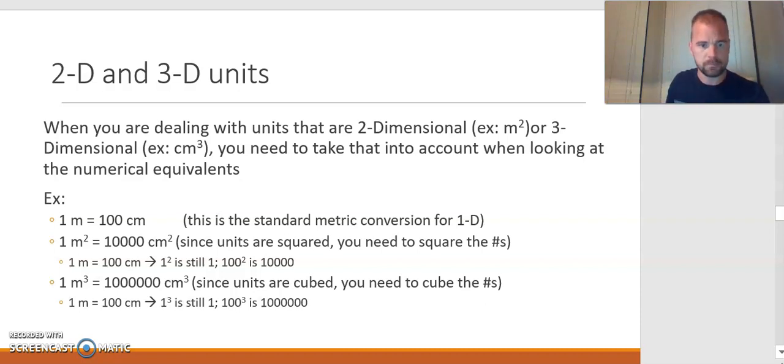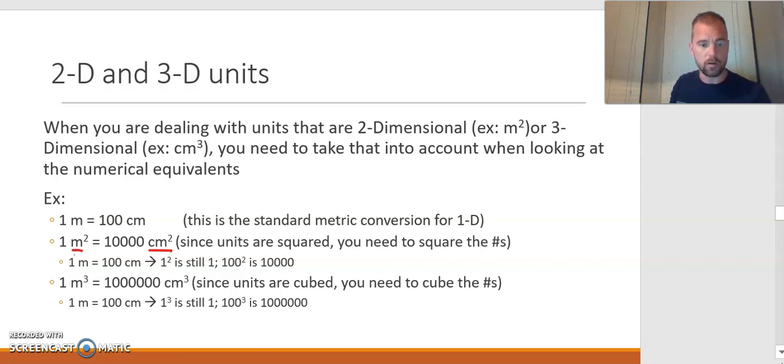So, for example, let's say we were looking at squaring something. What we should know from the previous video is that 1 meter is equal to 100 centimeters, right? This is a standard metric conversion for one dimensionality. But what if you were looking at meters squared and centimeters squared? If you square the units, you also have to square the number. Where did 10,000 come from?